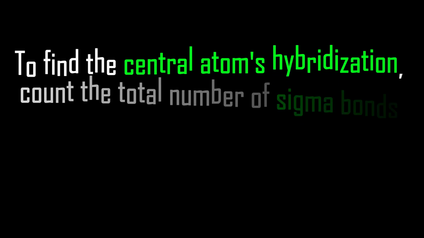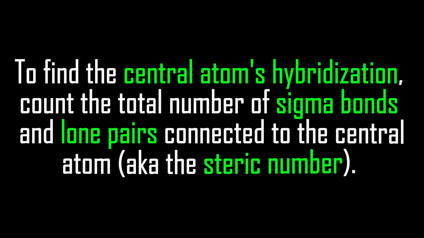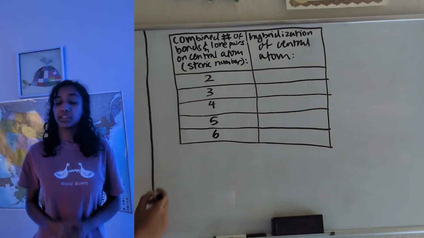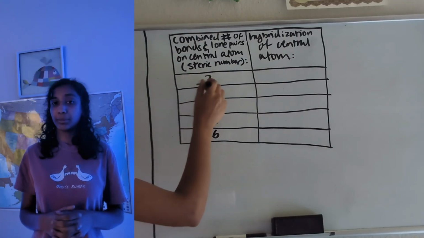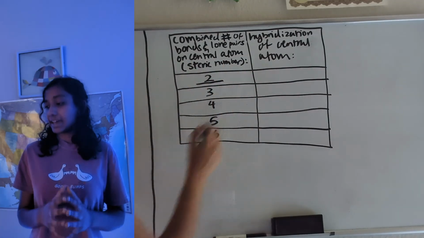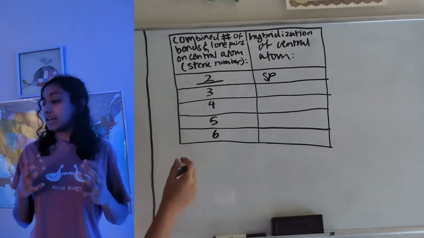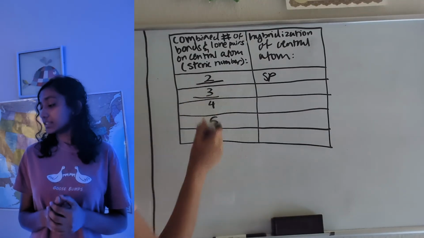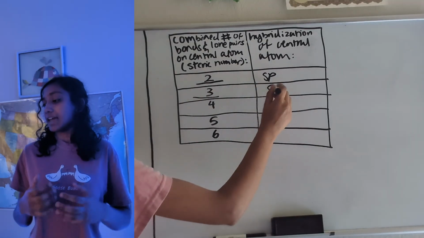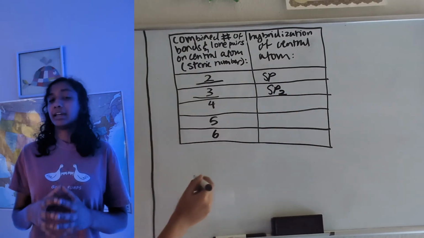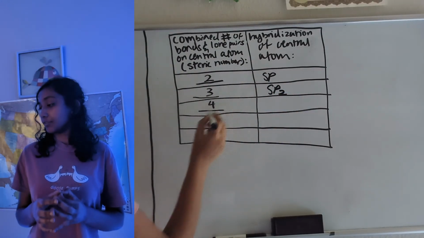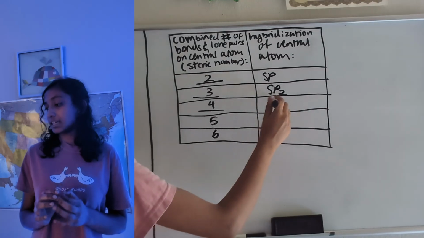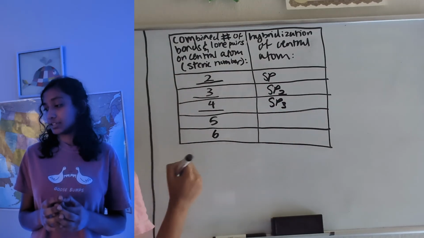You can determine the type of hybridization the central atom has by looking at the combined number of sigma bonds and lone pairs on the central atom. A central atom with a combined number of 2 sigma bonds/lone pairs has sp hybridization, and an atom with a combined number of 3 sigma bonds/lone pairs has sp2 hybridization. An atom with a combined number of 4 sigma bonds/lone pairs has sp3 hybridization.